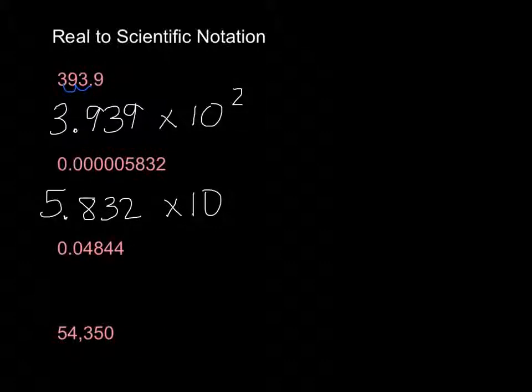And now we need to determine how many spaces we moved our decimal. 1, 2, 3, 4, 5, 6 spaces. Is our number more than 1 or less than 1? It's less than 1, so our exponent is negative. So 5.832 times 10 to the negative 6th power.